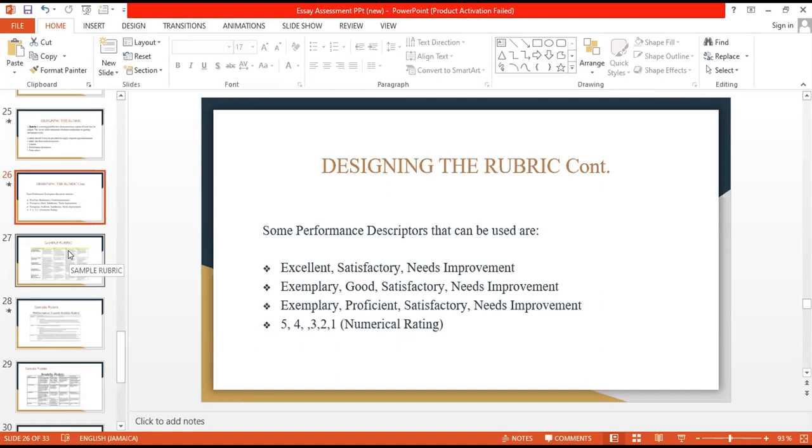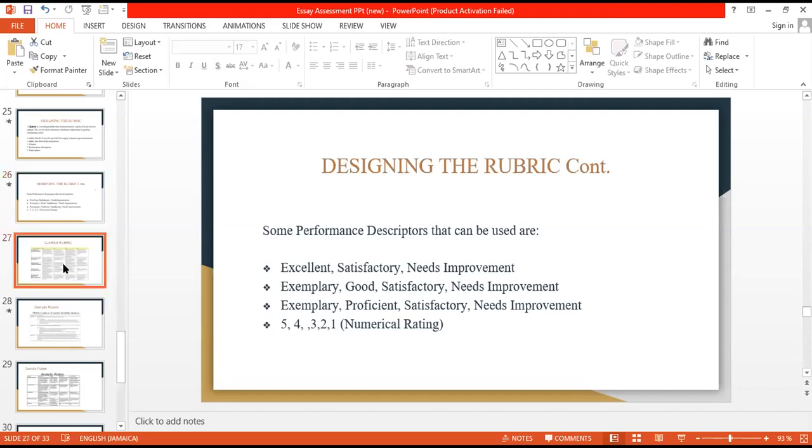Another way to look at it could be exemplary, good, satisfactory, needs improvement, or exemplary, proficient, satisfactory, needs improvement. Or it could be done by a numerical rating, like we often see in our rubrics that are given by our lecturers.